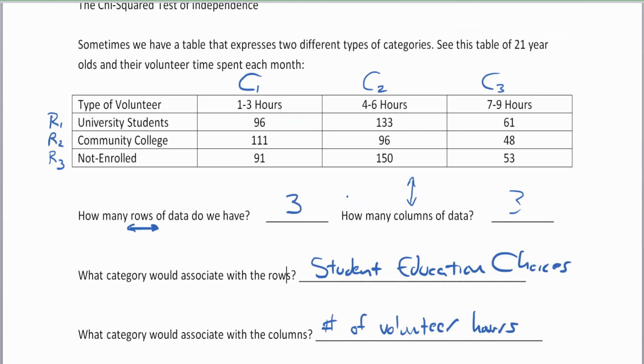We're really trying to hone in on whether the type of education the student is getting is having an effect on the number of hours that they are volunteering. Does a community college student volunteer more than a university student? Does a not enrolled student volunteer more than a community college student? This test of independence is going to say whether this affects this.